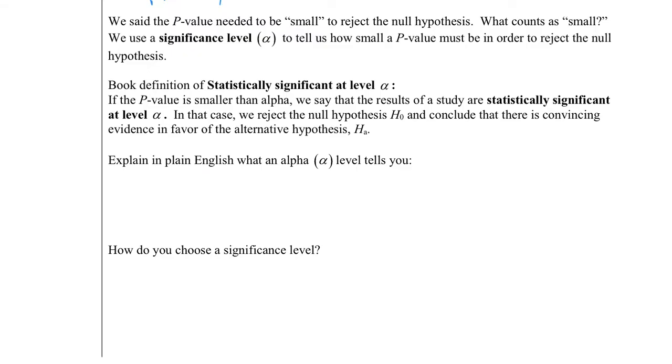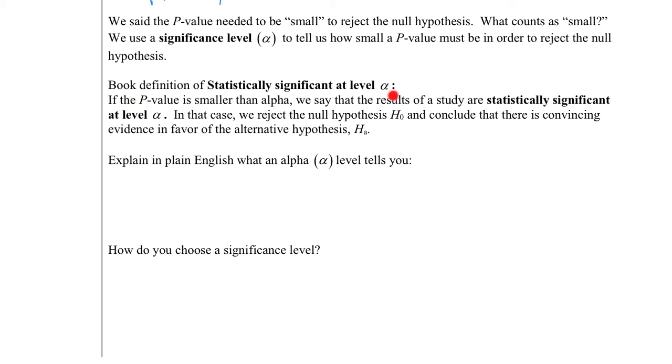So let's get into a little bit more about how our alpha value falls into these tests for significance. We said the p-value needed to be small to reject the null hypothesis. So basically, what counts as small? We use a significance level alpha to tell us how small a p-value must be in order to reject the null hypothesis.